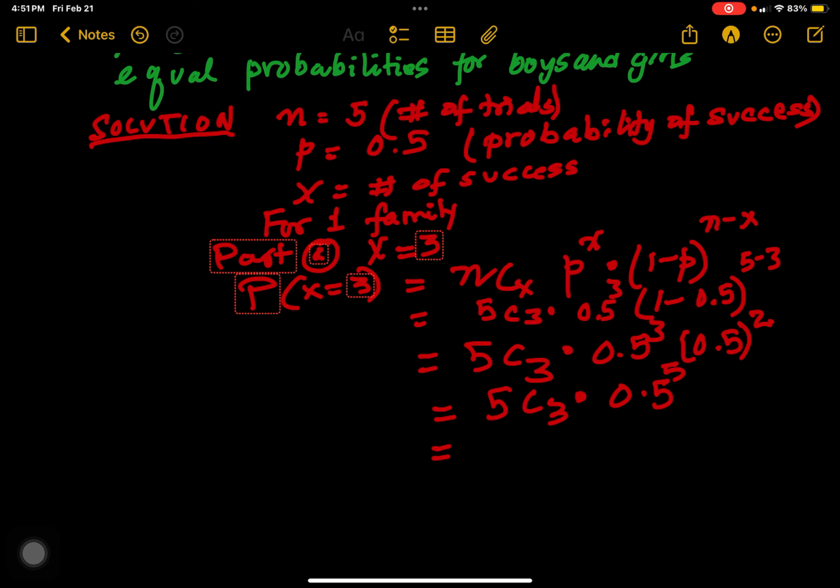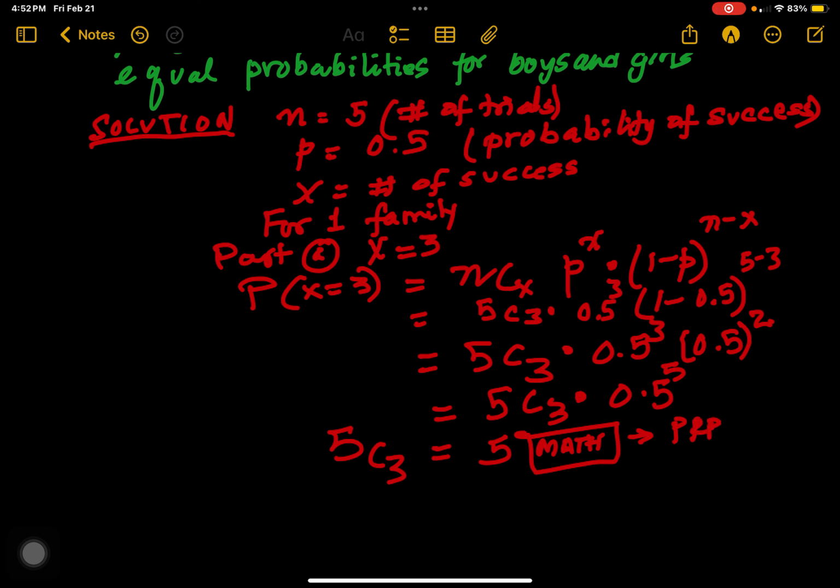Now I will use my TI-84 calculator to calculate 5C3. Press 5, then the math key, then highlight PRB and scroll down to nCr.